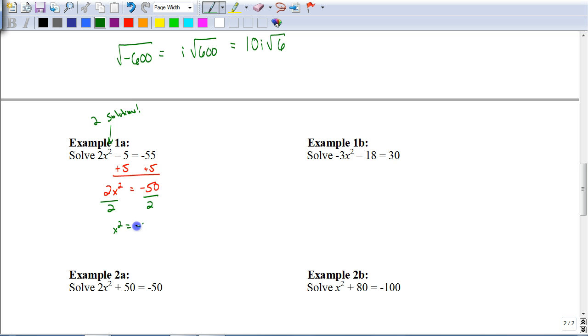So I have x squared equals negative 25. Now I take the square root of both sides. But remember, the square root of x squared means I'm going to have two solutions, a positive and a negative. So that means I'm going to have x equals a positive and a negative square root of negative 25. But now let's simplify that.